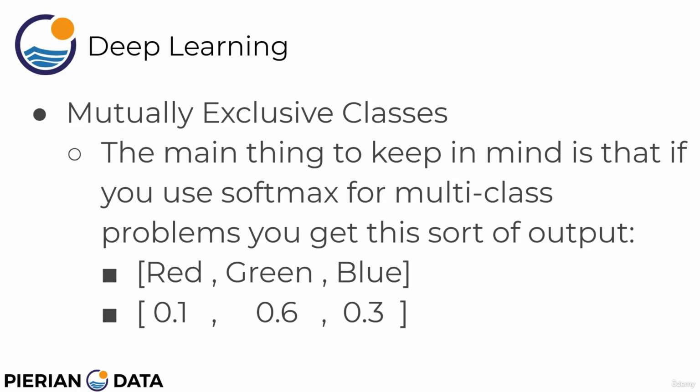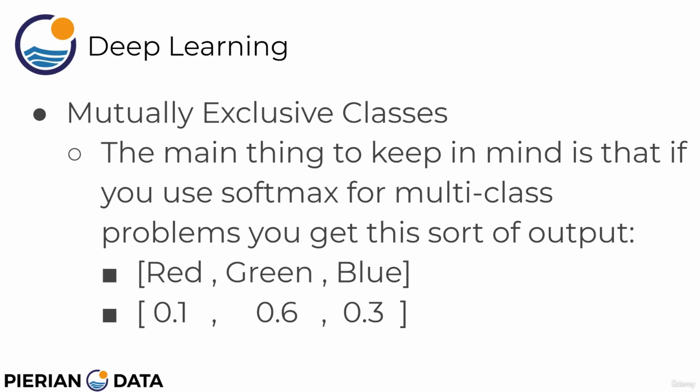You'll notice that the sum of all those probabilities is equal to 1, which makes sense because the sum over an entire probability space should be equal to 1, because that basically answers the question that there's a 100% chance this data point belongs to one of these classes. But if we read into this further, this basically says there's a 10% chance it belongs to red, a 60% chance it belongs to green, and a 30% chance it belongs to blue.